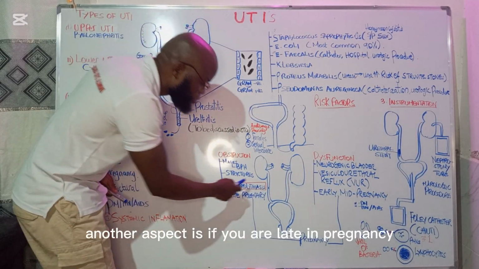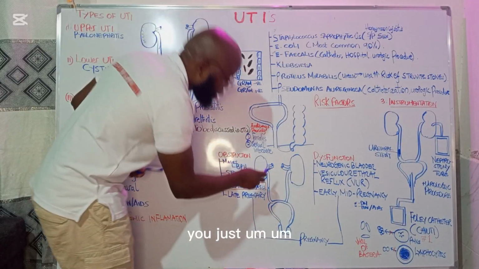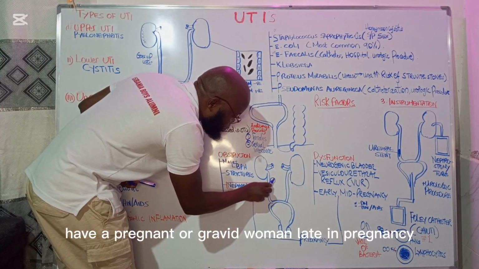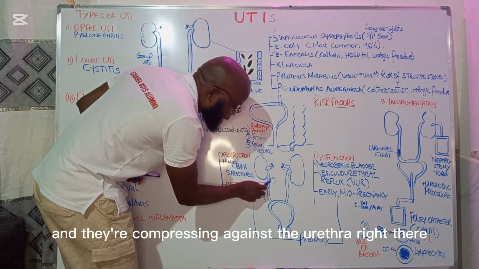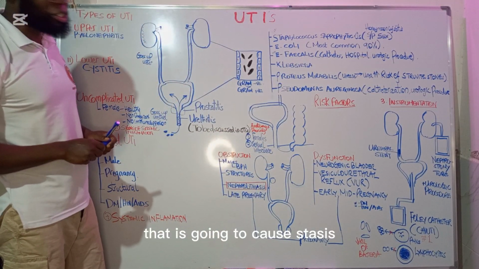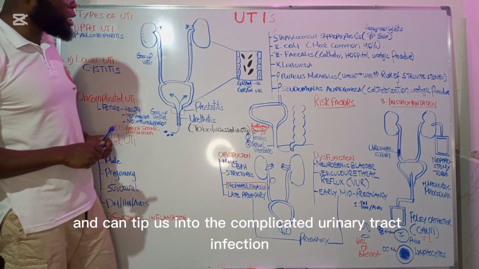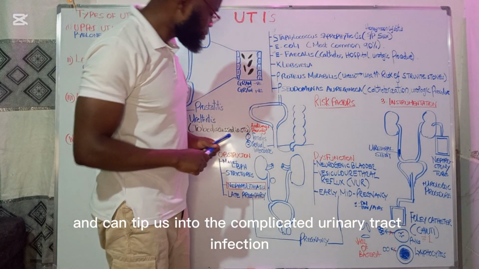Another aspect is if you are late in pregnancy, a pregnant or gravid woman late in pregnancy, and they're compressing against the ureter right there. That is going to cause stasis and can tip us into the complicated urinary tract infection.